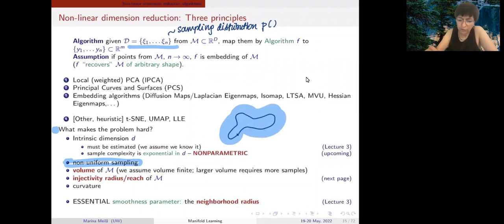So let's pick a tube that's smaller. This one has no self-intersection, and so this gives me the injectivity radius. Let's call it tau.